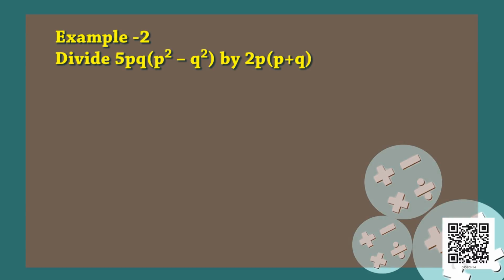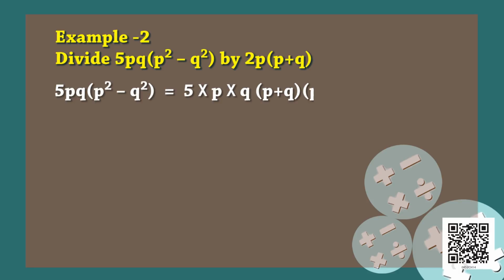Example 2. Divide 5pq into p square minus q square by 2p into p plus q. First look at 5pq into p square minus q square, which is equal to 5 into p into q into, we know that from the third identity p square minus q square can be written as p plus q into p minus q.